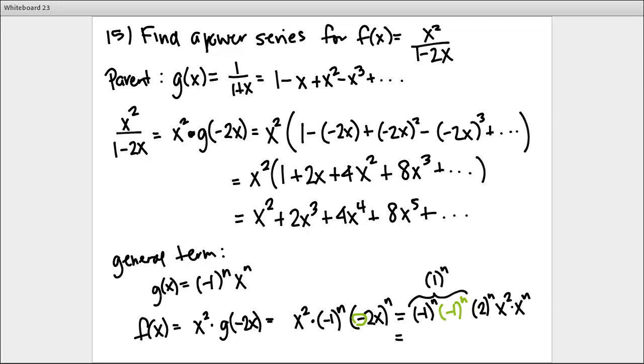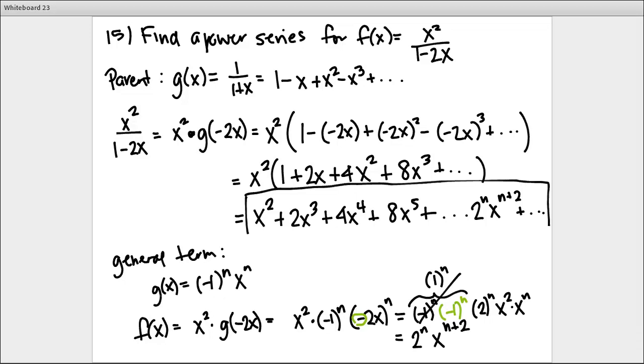These two will end up being a positive 1 to the nth power, so we can just ignore it and not include it. I'll keep the 2 to the n, and then keeping the base out in the exponents makes your general term 2 to the n times x to the n plus 2. So there's your general term that you must include.